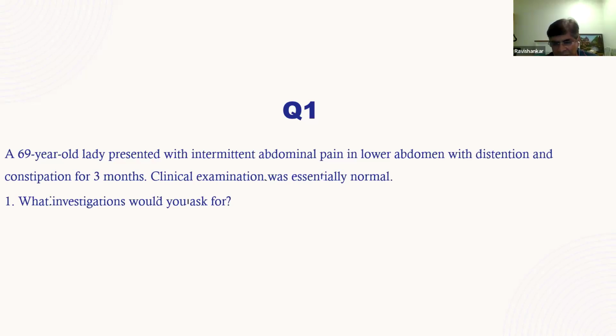Complete blood count, blood urea nitrogen, creatinine, electrolytes, and if required a chest X-ray, then ultrasound abdomen and pelvis. LFT is important to do also. Yes, sir. Okay, and so ultrasound scan.